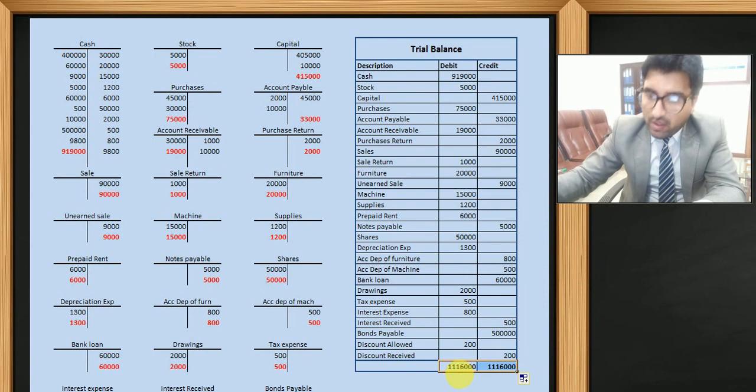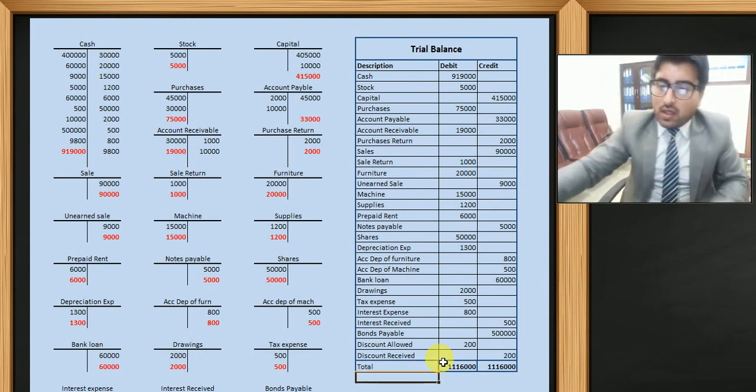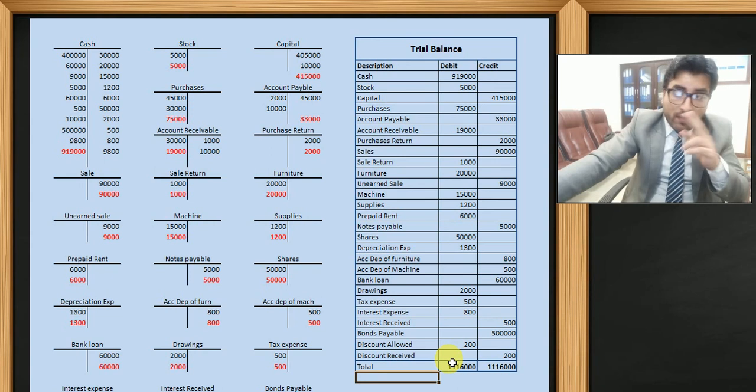So we have both sides equal, and they must be equal. If they are not equal, it means there are mistakes. The trial balance is telling us that there are no mistakes, all the transactions were posted correctly. If there is any single mistake, if you have missed a value, or have not posted any value, these two sides will never be equal.